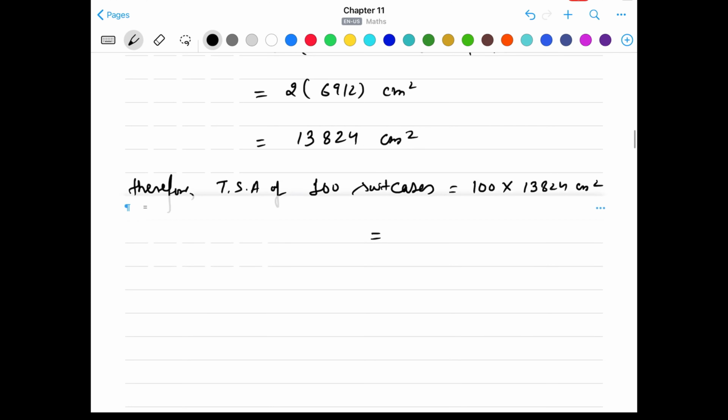After multiplying the numbers, we'll get 1382400 centimeter square. So this is the total surface area of 100 suitcases.